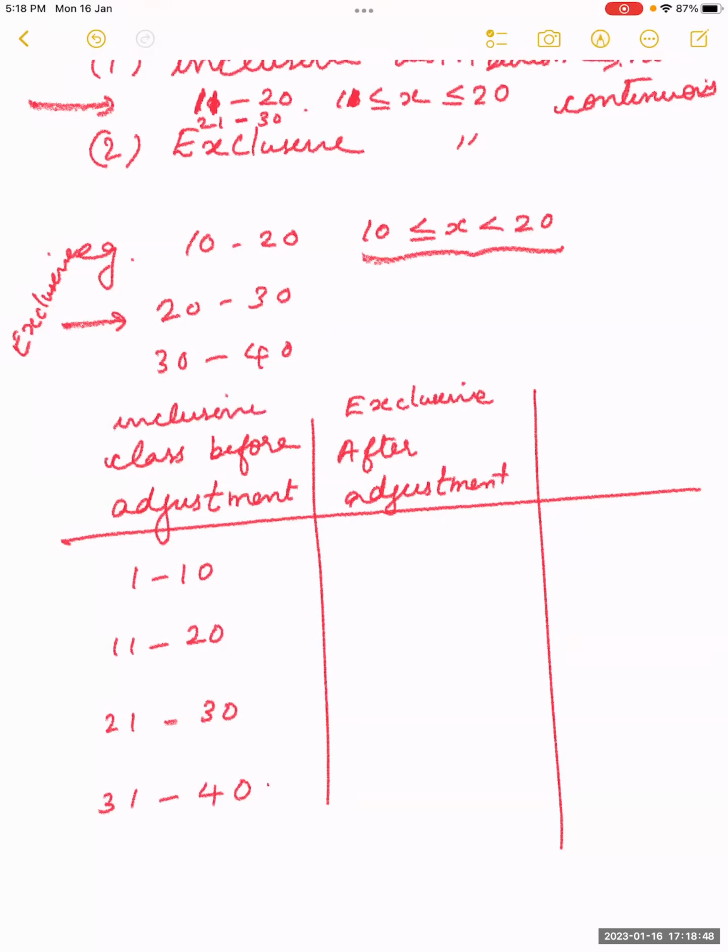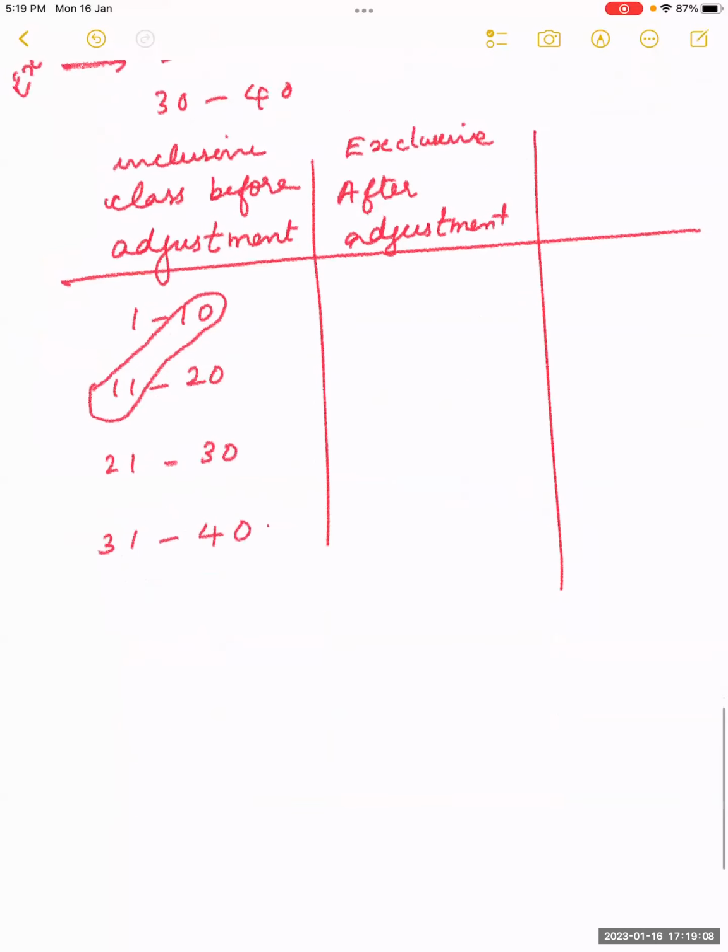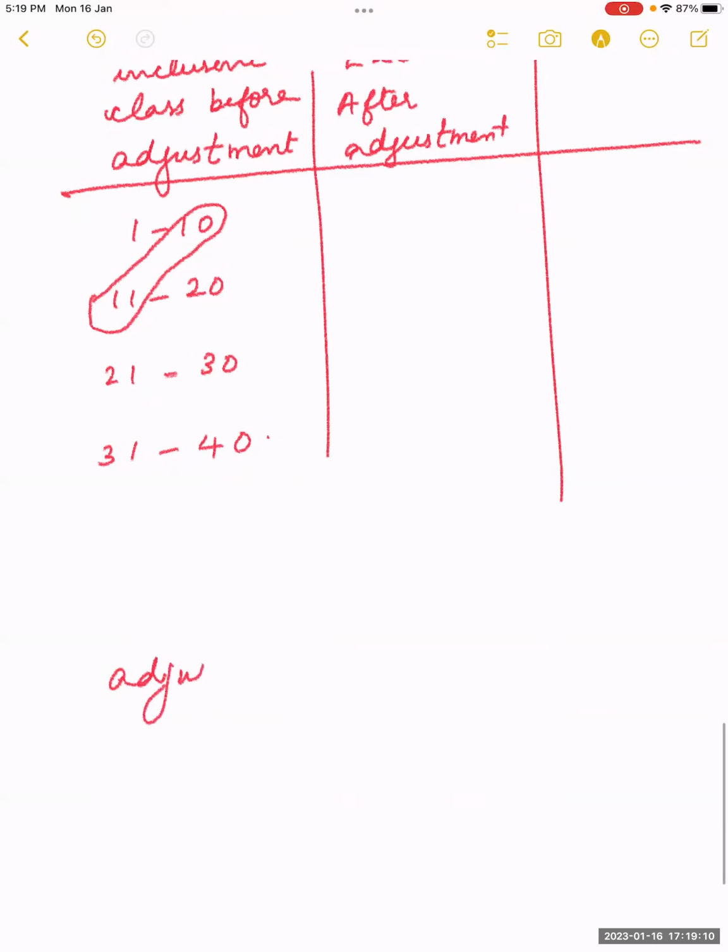How do you do it? You have to look at this: the lower limit of one class and the upper limit of the next class. Find the difference between these two and divide by 2. What do you get? You have to calculate an adjustment factor.